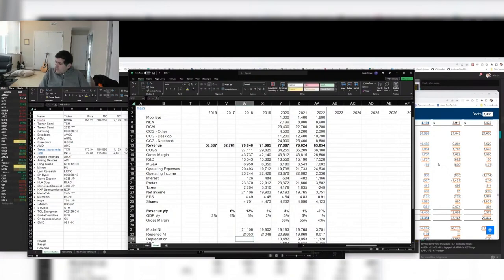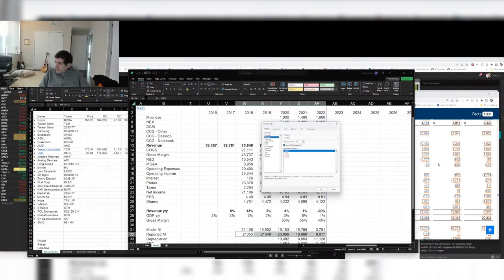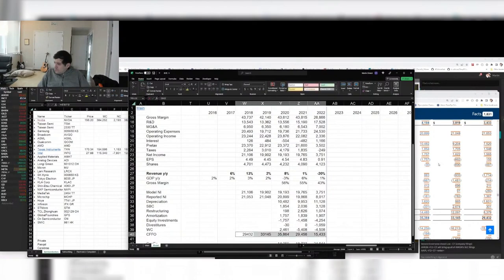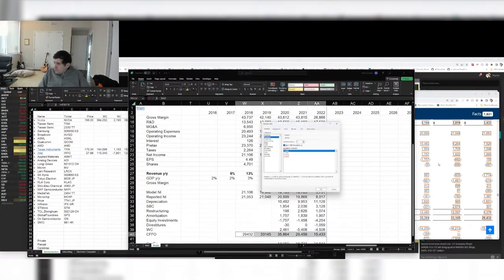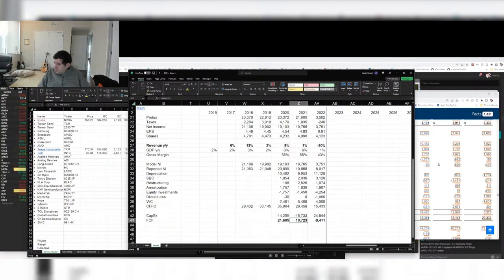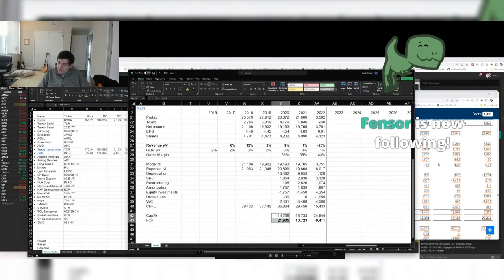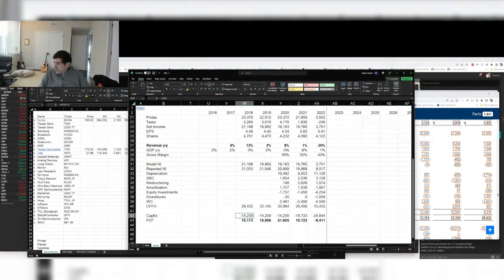I'm just going to put in the CFFO at the bottom. You can see how a little bit of revenue change can result in a gigantic cash flow change. You basically go from profitable to unprofitable very quickly.